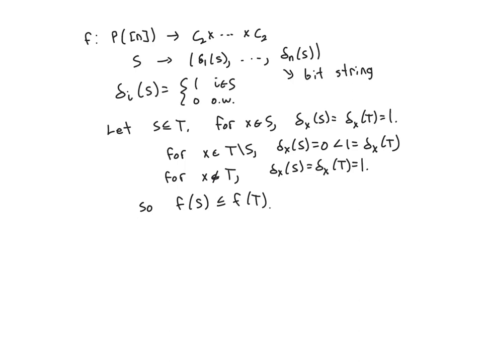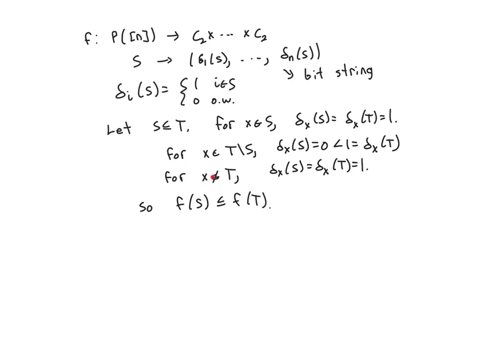And so that tells us that the ith coordinate of f satisfies the right inequality when i is an element of S. What if x is an element of T take away S? Well then, since it's not an element of S, that coordinate is 0. That coordinate is 1, but 0 is less than 1, so there isn't a problem.